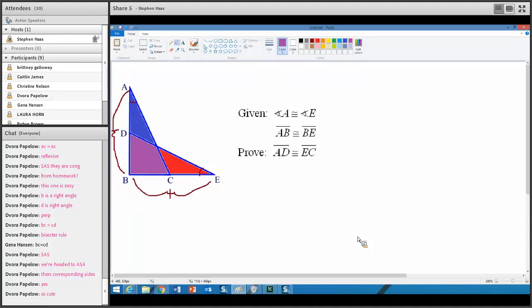Angle A and angle E is an angle of each one. We've got a side of each one, because BE and AB. And then we've got angle B is equal to itself based on the reflexive. So how about that? And once we do that, then we can start messing around with corresponding parts. That's what I'm thinking about in terms of a strategy. There may be a shorter way to do it, by the way.